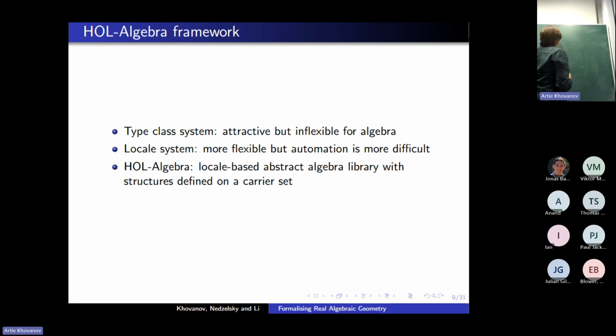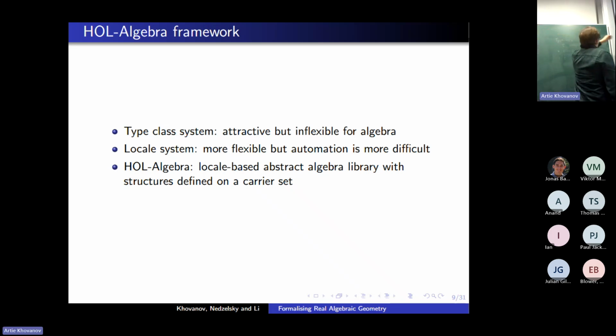In the type class system, you end up with a type tau which is a group. You annotate it with group, and then your group is the entire type tau. You have a multiplication, which is tau to tau to tau, an inverse, which is tau to tau, and an identity, which is in tau.